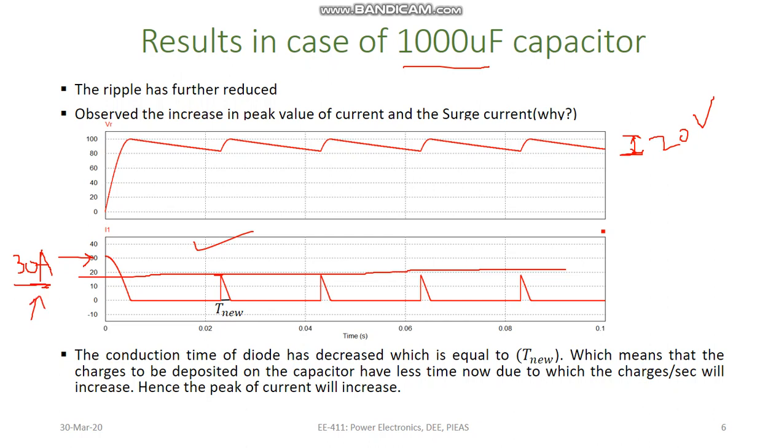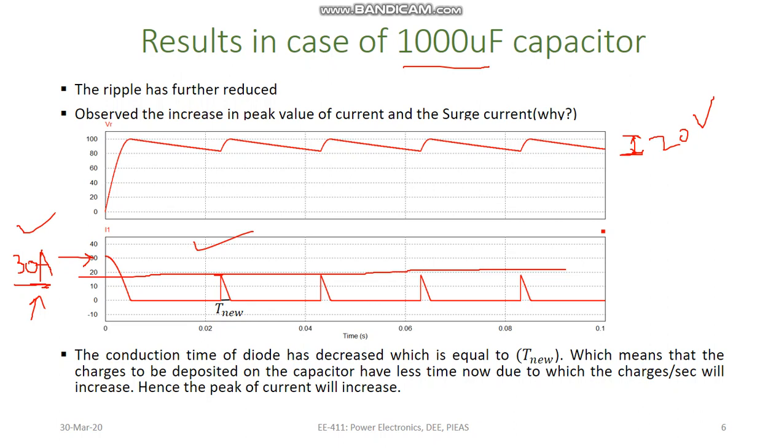It is because we are considering that there are no initial charges on our output capacitor, due to which a huge amount of charge will be required by the capacitor to completely charge itself. So the current has increased up to 30 ampere in the first cycle, and this is known as surge current.